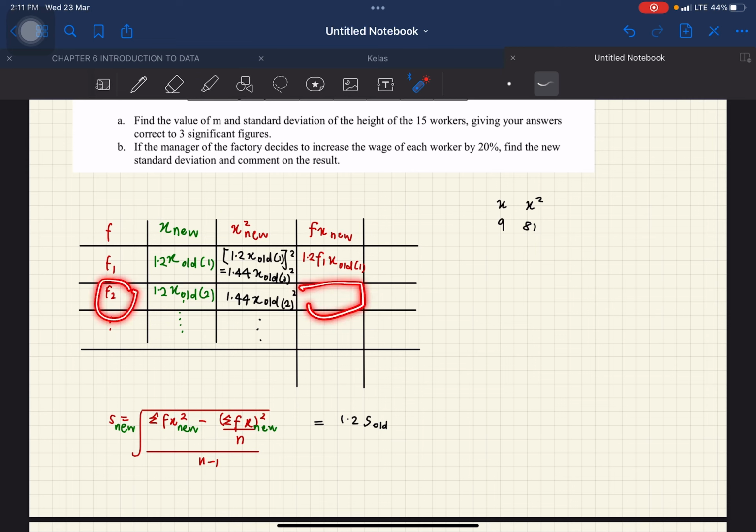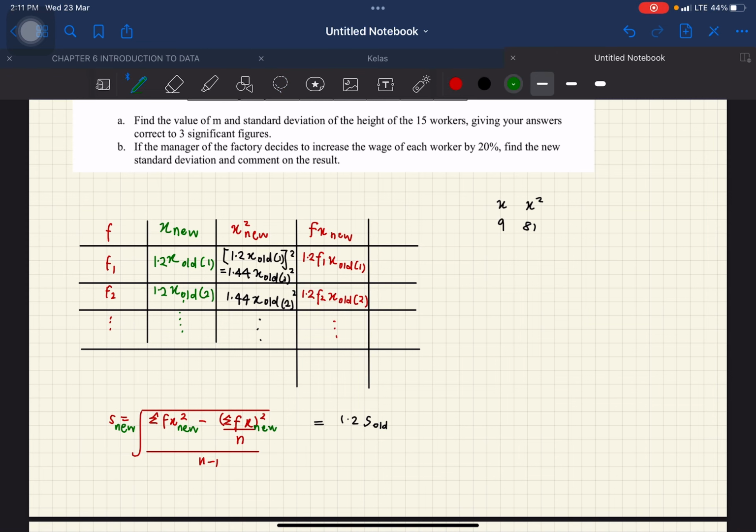So this one, F number 2, multiply with nilai X yang kedua yang baru. Okay, so awak akan dapat 1.2 F2 X old number 2. Settle. Okay, so you don't have to write it sampai habis. Okay, sama je sampai bawah. Dia akan follow je.